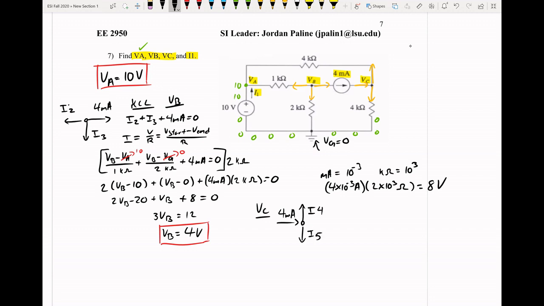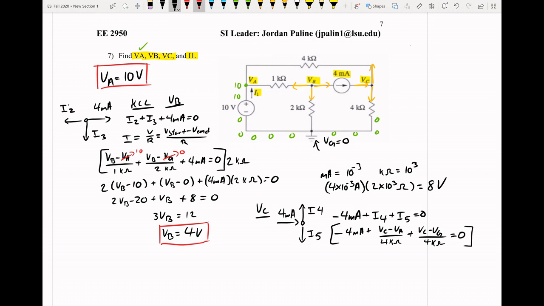So I'll have negative 4 milliamps plus I4 plus I5 is equal to 0. And then just as before, I'll replace my currents. So plus I4, we're going from V of C to V of A, and we're crossing over 4 kiloohms. And then I5, we're going from V of C to ground, and we're crossing over also 4 kiloohms. And we're equal to 0.